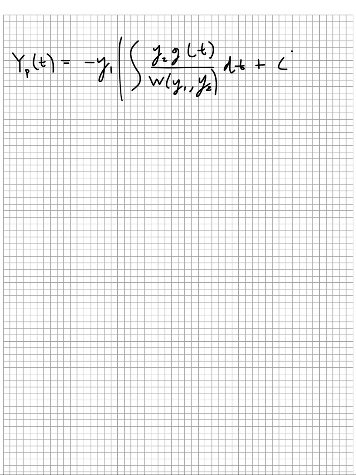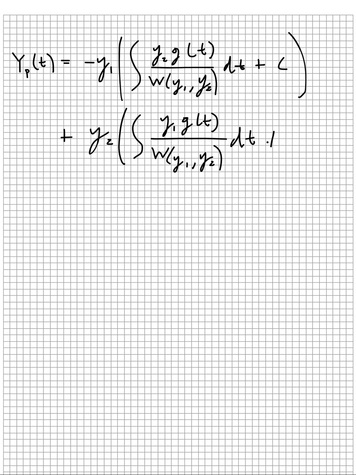We'll call it c, plus y2 multiplied by the integral y1 g of t divided by the Wronskian of y1, y2, dt, and we'll add another constant of integration. I will call it k in this situation.